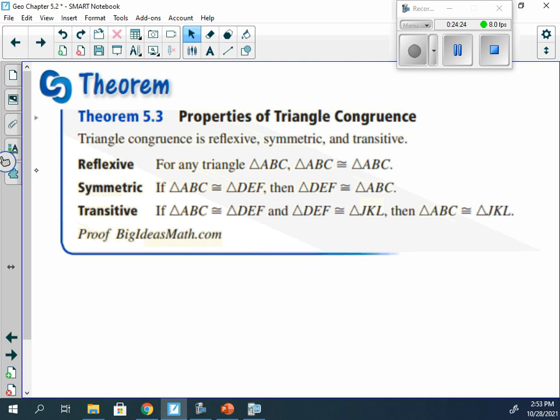Because our reflexive property, as we said before, A is equal to A. Symmetric: if triangle ABC is congruent to DEF, then triangle DEF is congruent to triangle ABC. We can flip the order of the congruency statement. Our transitive property of congruency: if triangle ABC is congruent to triangle DEF, and triangle DEF is congruent to JKL, then triangle ABC is congruent to JKL.